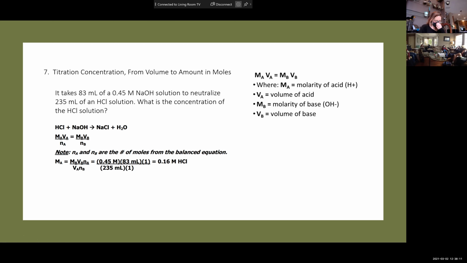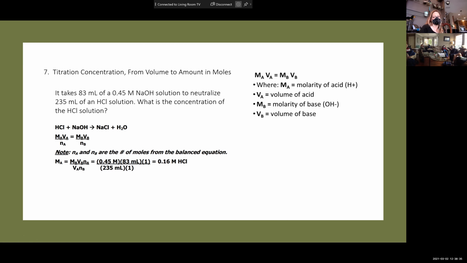So we have hydrochloric acid, sodium hydroxide, and we can note when we come down here, it says note Na and Nb are the number of moles from the balanced equation. So this is an easy one to balance, right? We don't have to add any coefficients. Remember, because we did the same reaction last week, right?